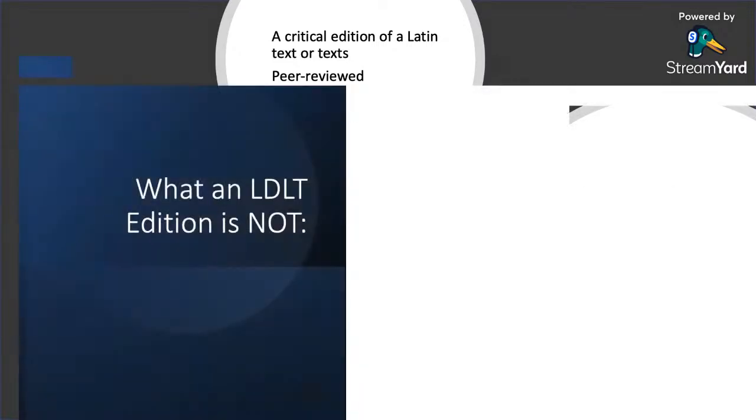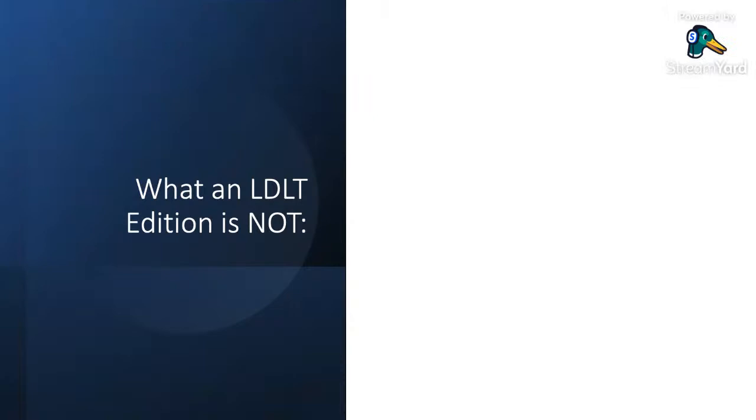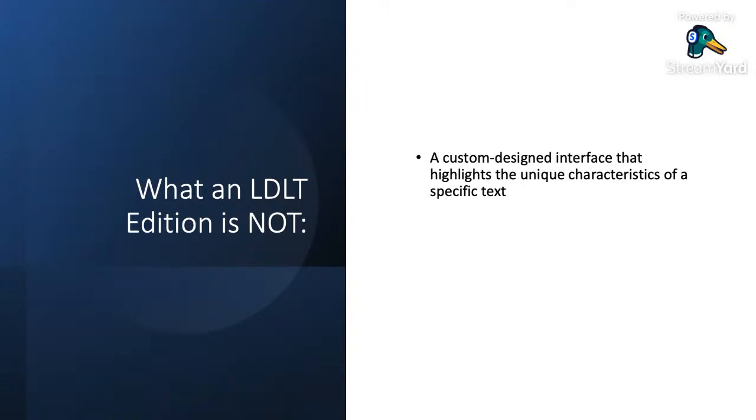It's important also to talk about what an LDLT edition is not. It's not a custom-designed interface that highlights the unique characteristics of a specific text. Our argument is that we're responsible for publishing the data related to a critical edition.